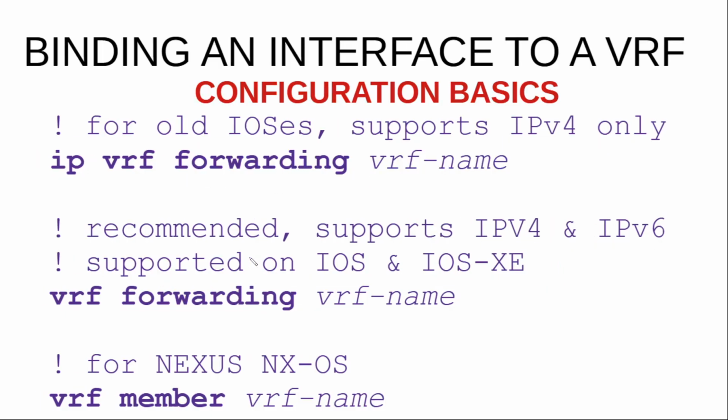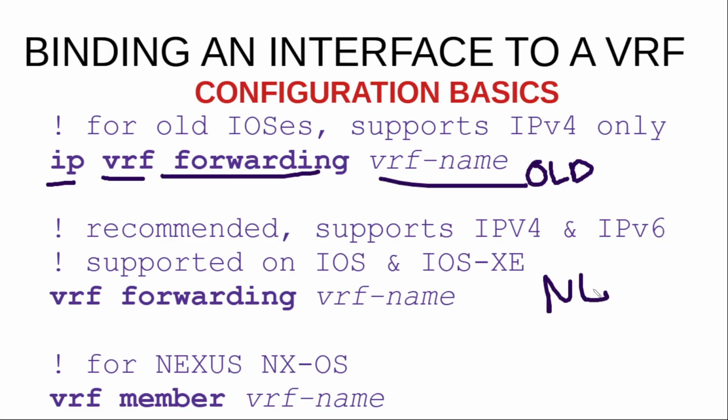Now, how do you assign interfaces or sub-interfaces or virtual interfaces or tunnel interfaces to your VRFs? The old way to do it is going into the interface and executing this command, ip vrf forwarding and the VRF name.